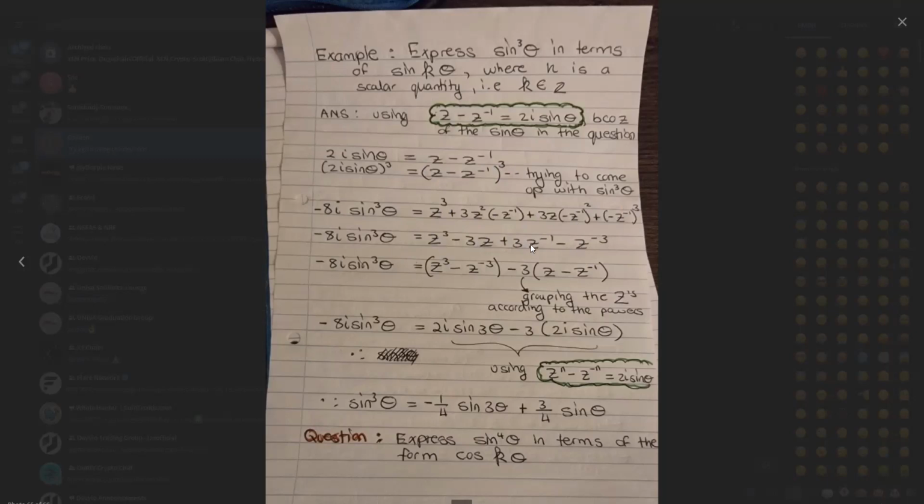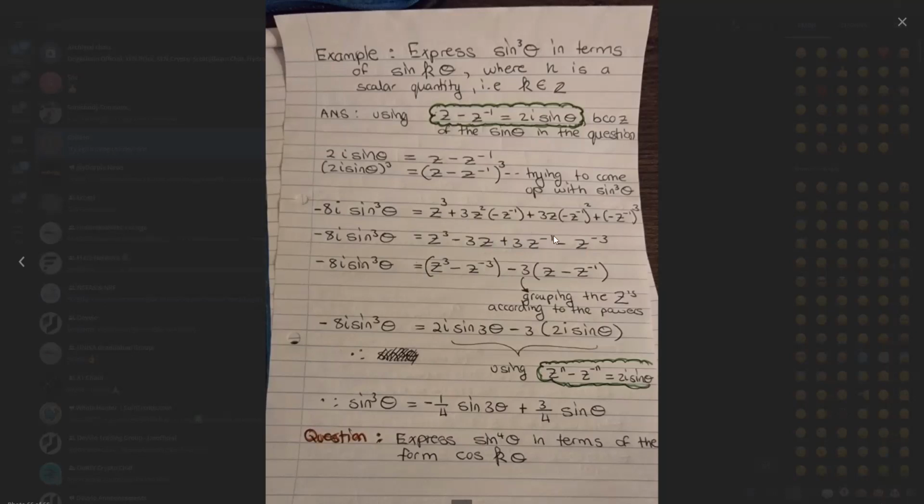And then once you get to this step, you collect terms that have the same degree powers. For example, Z3 and Z minus 3 should go together. So you put them together. I'll group them. And then Z minus 1, they have the same power.